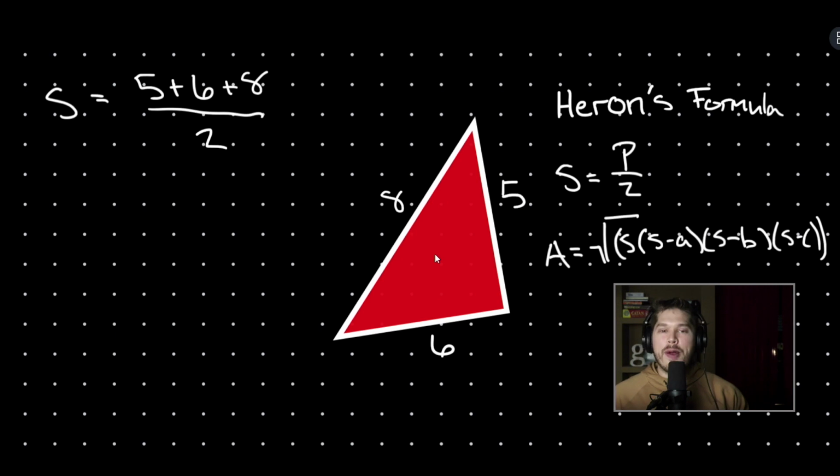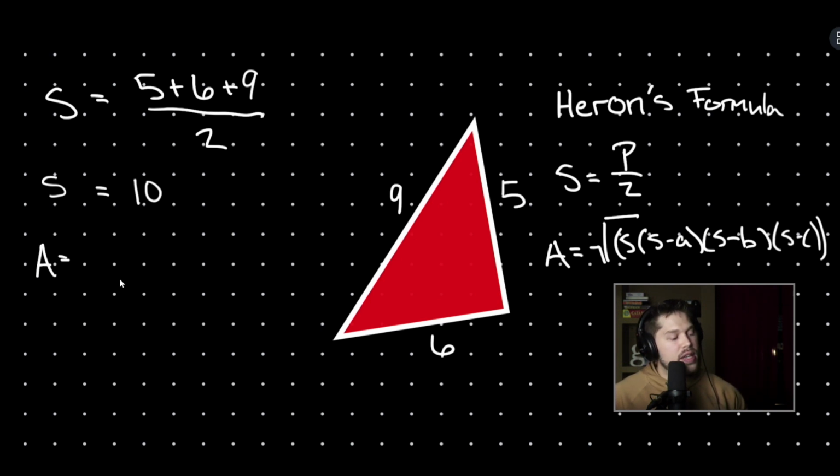And you know what? I want to make this problem easy for us. So let's change this longest side to be 9. And so whenever we solve to find S, we see that S is equal to 10. Let's make the math easy on us here. Next, we want to find the area. So we're going to plug it into this long formula.